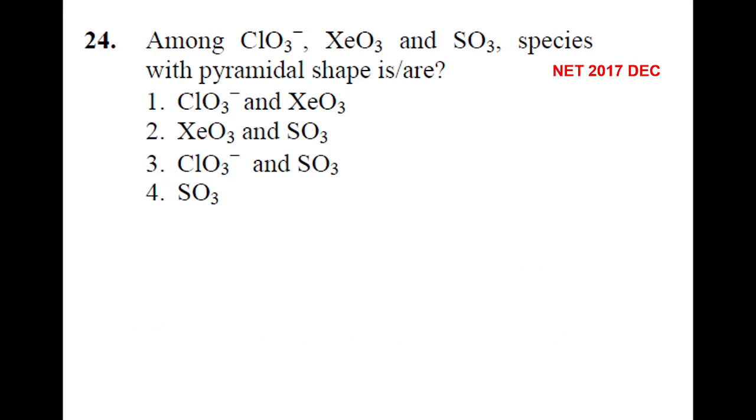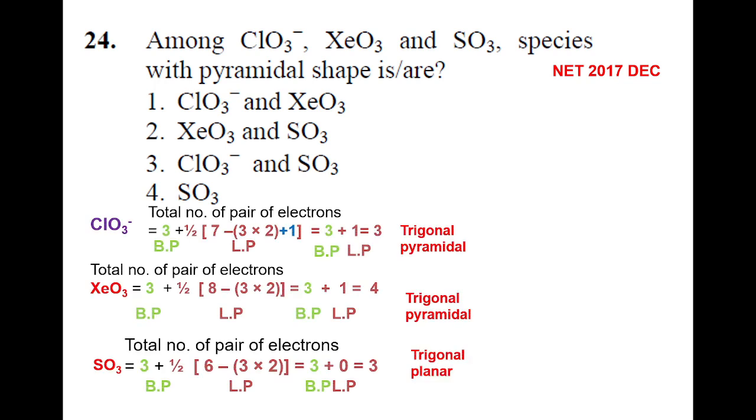Next question: among ClO3 minus, XeO3, SO3, the species with pyramidal shape is and are... So maybe 1 molecule or 2 molecules, or all 3 molecules are pyramidal or not. Let's discuss the shape of individual molecules.